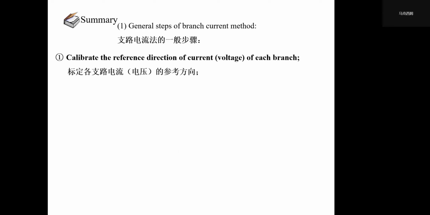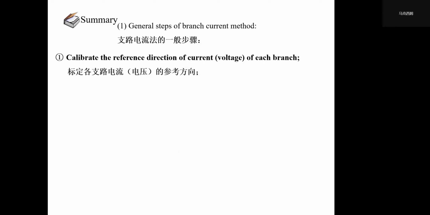So the general steps of the branch current method, I think you already know. First thing first is to make sure we have the reference direction marked for each branch. And once you set the reference direction of the current and voltage of each branch, during the following calculation we will not mess up.